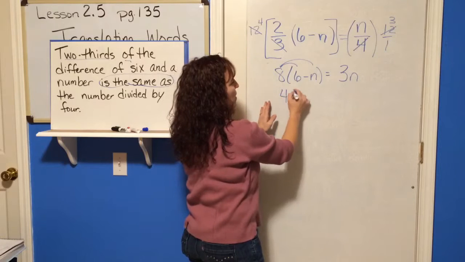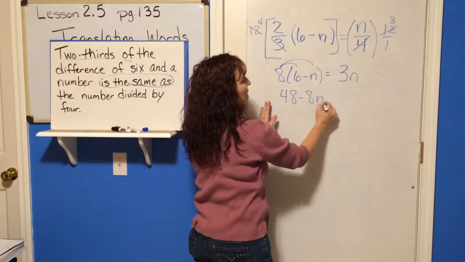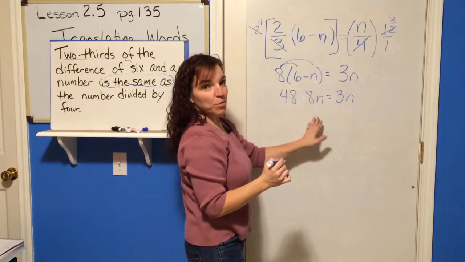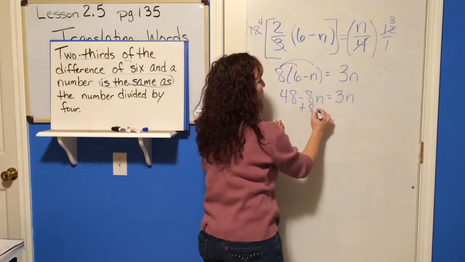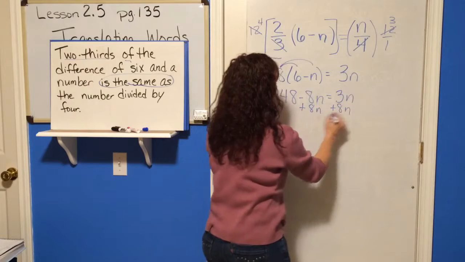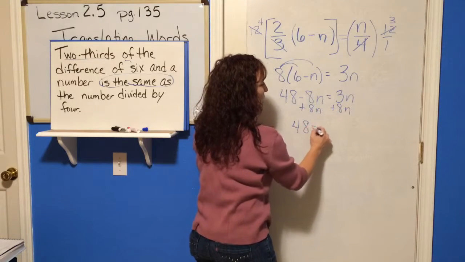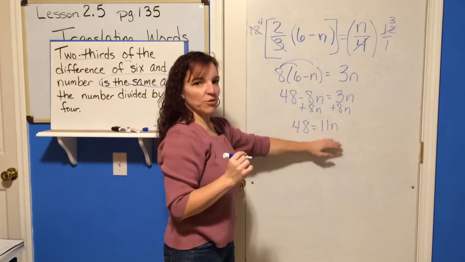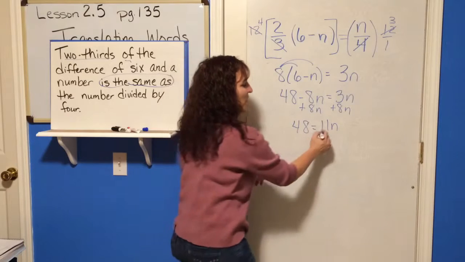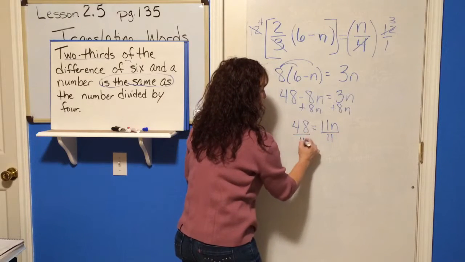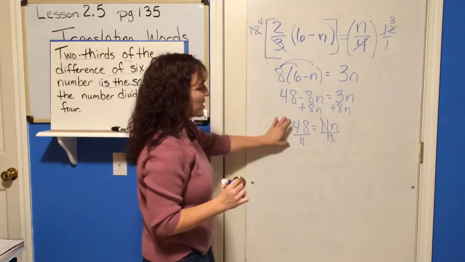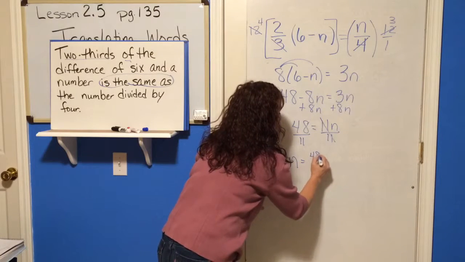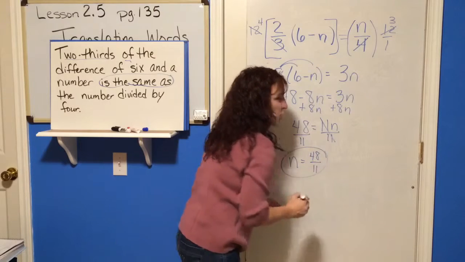So to get 48 minus 8n equals 3n. To keep your n's positive, I would move the 8n. So add 8n to both sides. So 48 equals 11n. And to get your n by yourself, you're going to divide both sides by the 11. And so now in this case, the 48 over 11 isn't going to reduce, so you can just have n equals 48 over 11 is your final answer.